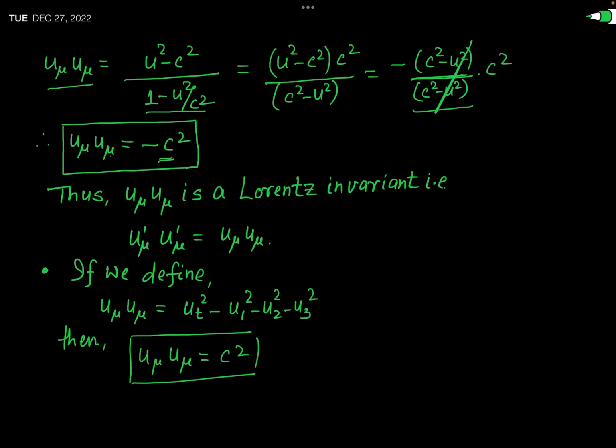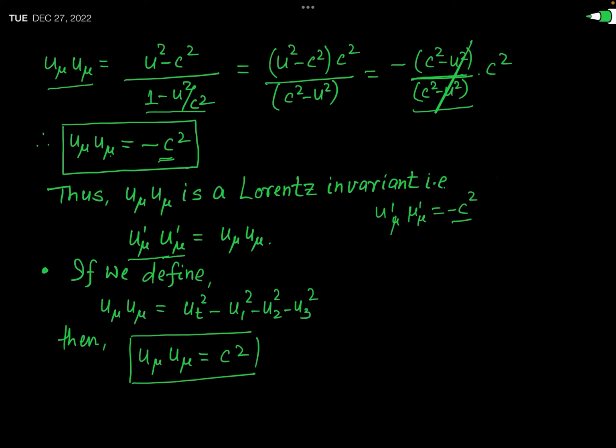Now as you know, c is a universal constant, and its value in all reference frames is the same. So if we find the square of the modulus of the 4 velocity vector in the S prime frame, that will be written as u mu prime times u mu prime, and thus u mu prime times u mu prime will also be equal to minus c square, because you know that c is a relativistic invariant.